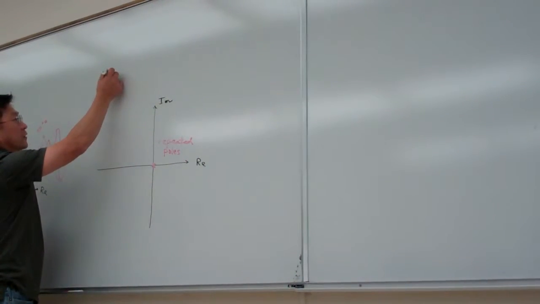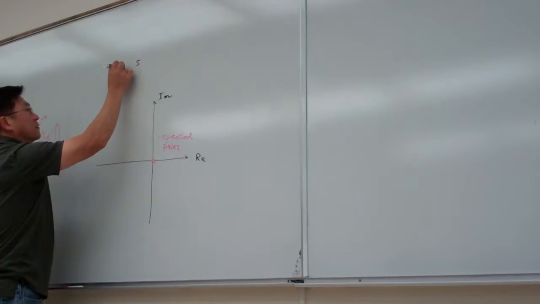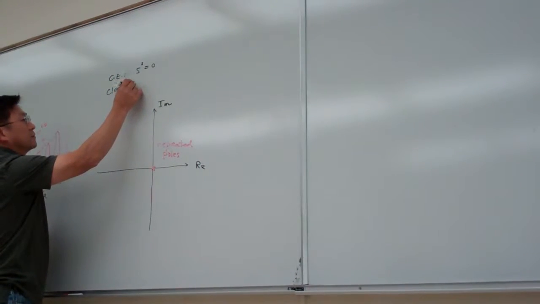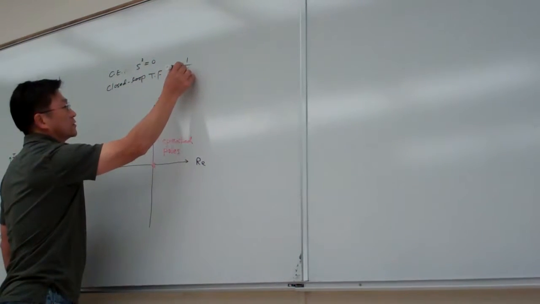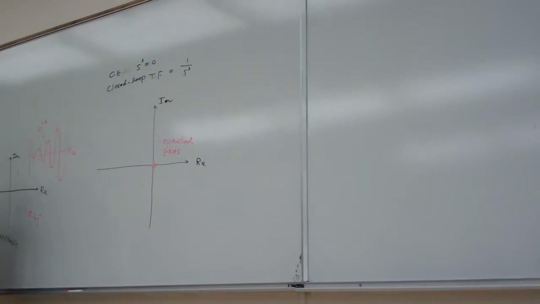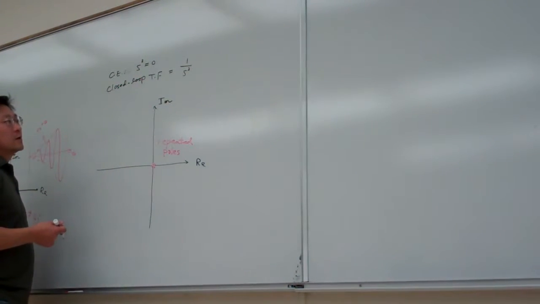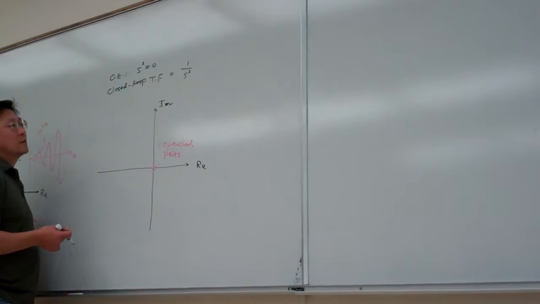For repeated poles at 0, what kind of stability does this system have? The characteristic equation is s squared equal to 0, so the closed loop transfer function is 1 over s squared.